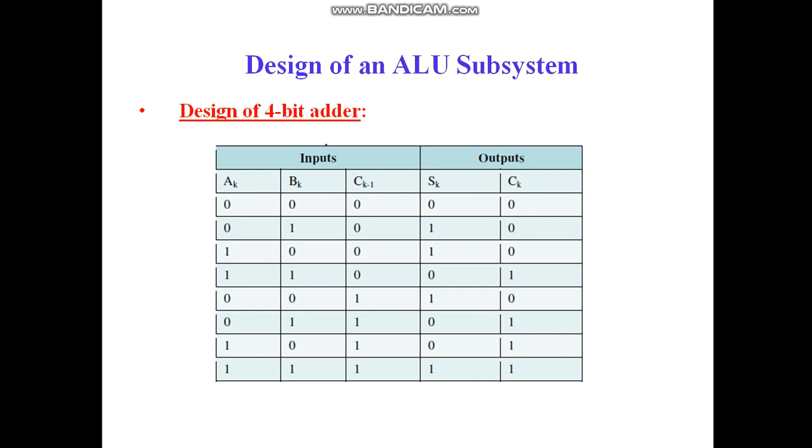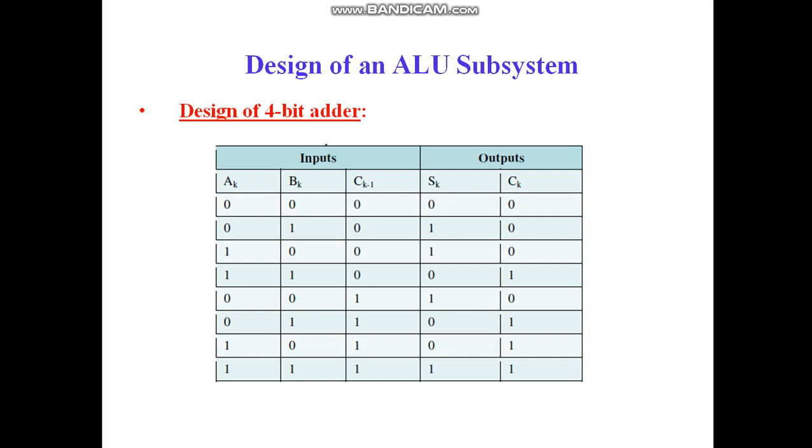This is the truth table for an adder. This is for the 1-bit addition we have considered. So three inputs are represented as AK, BK and CK minus 1, where AK and BK are the inputs at the kth stage, and CK minus 1 is the carry from the previous stage, and we get two outputs, the sum SK at the kth stage and the carry at the kth stage, that is CK.